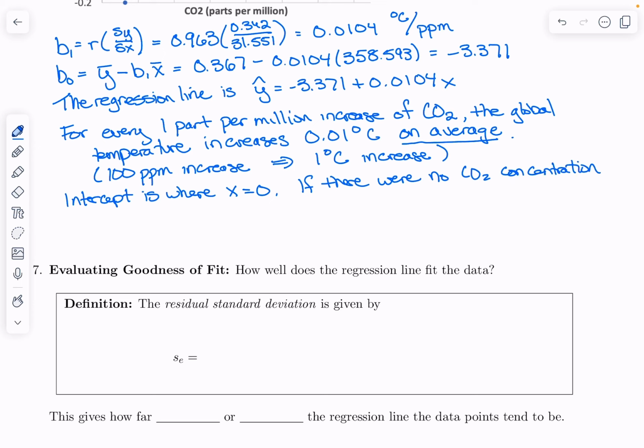That's what x equals 0 means. Global temperature would be minus 3.37 degrees Celsius from the 1960 reference point.